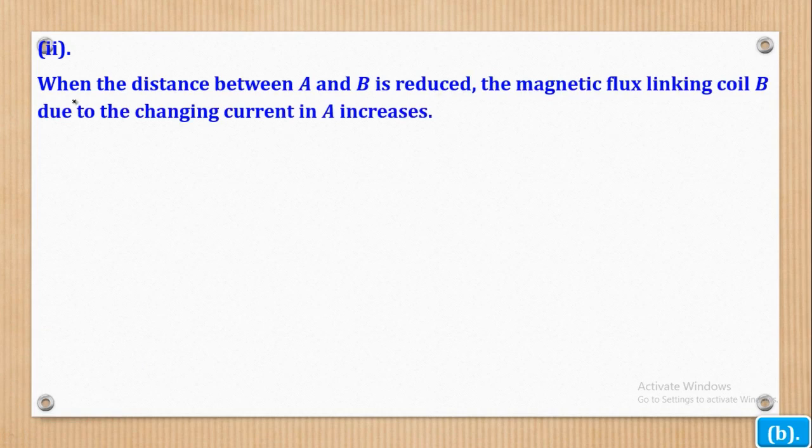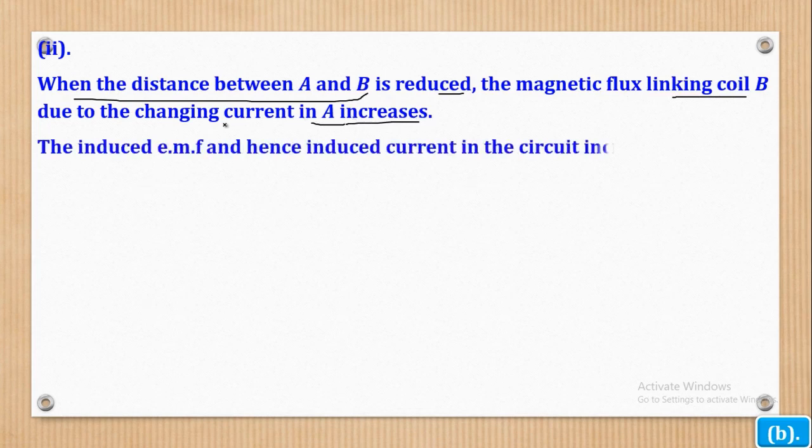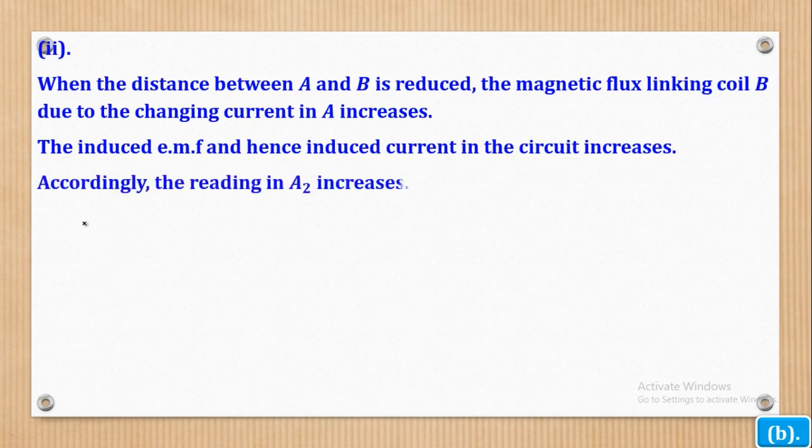So you say that when the distance between A and B is reduced, the magnetic flux linking coil B due to the changing current in A increases. The induced EMF and hence the induced current in the circuit therefore increases. Accordingly, the reading of A2 will increase because of the increase in current.